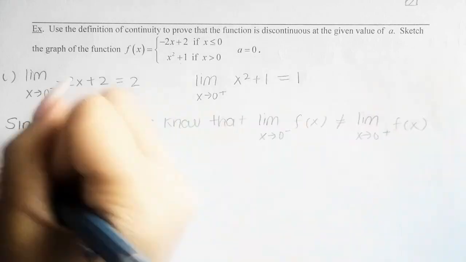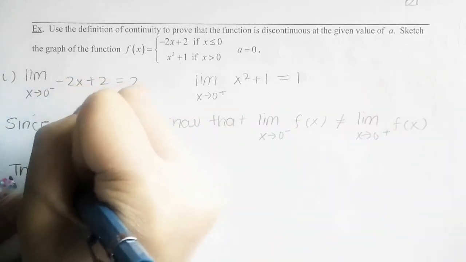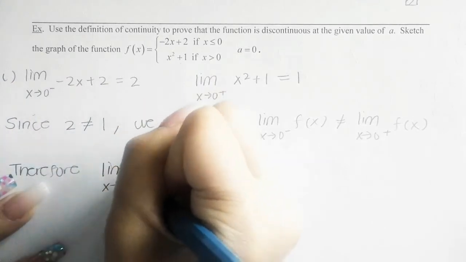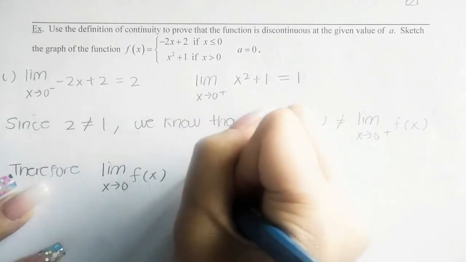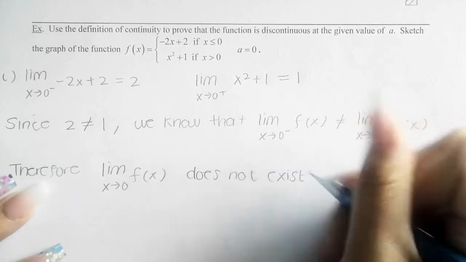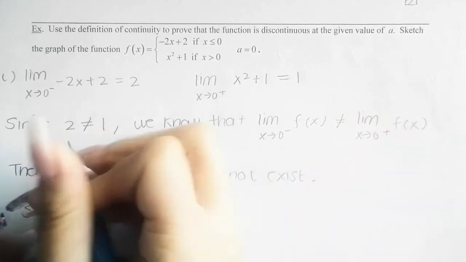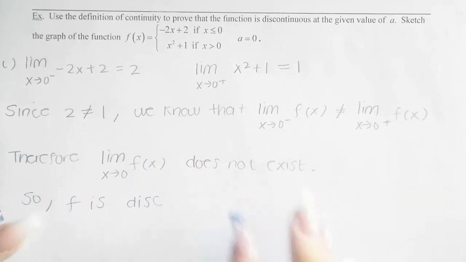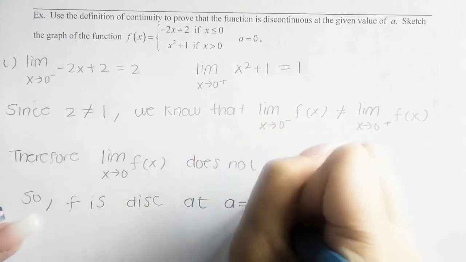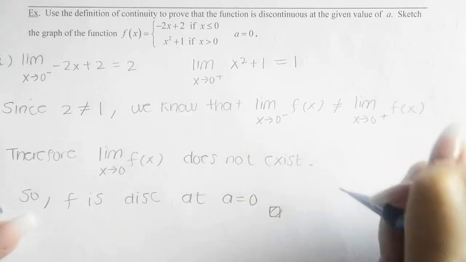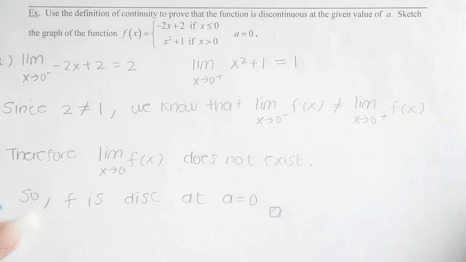Therefore the limit when x approaches 0 of f of x does not exist. So f is discontinuous at the point a equals 0. Please note that I wrote a lot because I need to make sure that I'm justifying my answer. It doesn't matter, you need to justify your answer.